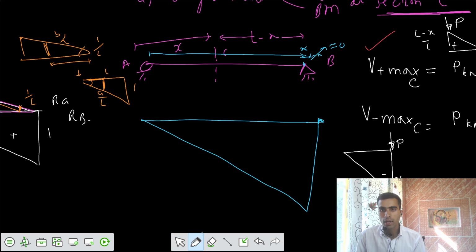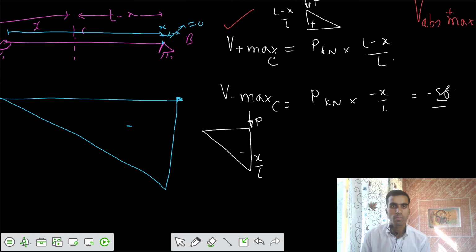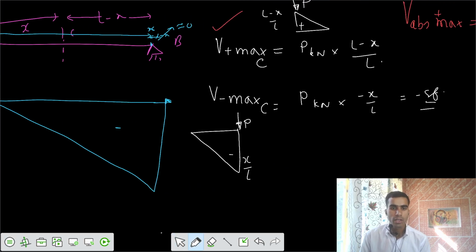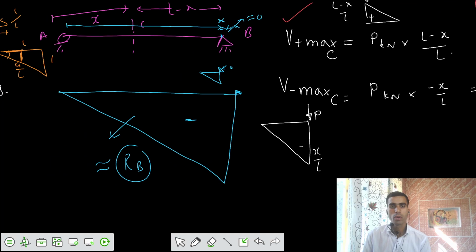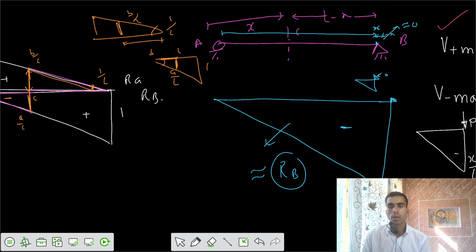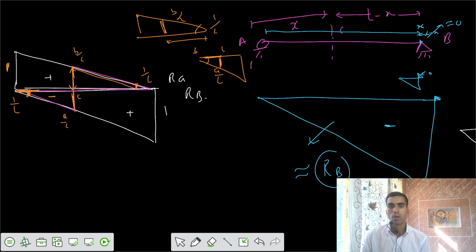Can you see that small triangle? So the shear force diagram would be similar to that of reaction B, but we are talking about shear force, that's negative. So if I make that diagram in this way, the smaller triangle tends to become 0, such that your absolute maximum shear force can be developed.